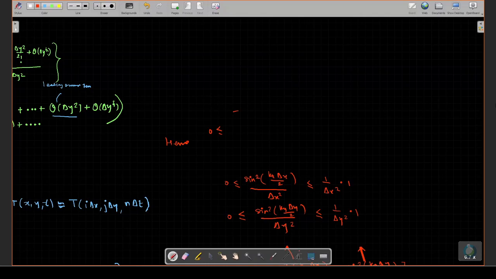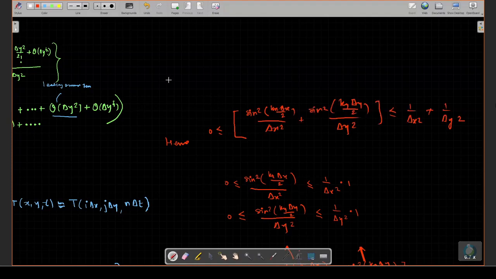So if you ensure that alpha delta t times 1 over delta x square plus 1 over delta y square is less than 2, then we get a stability condition.